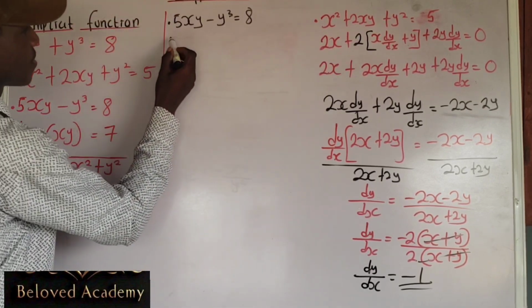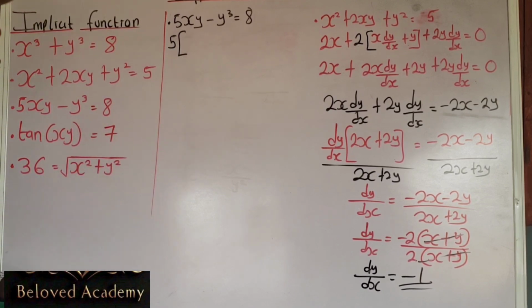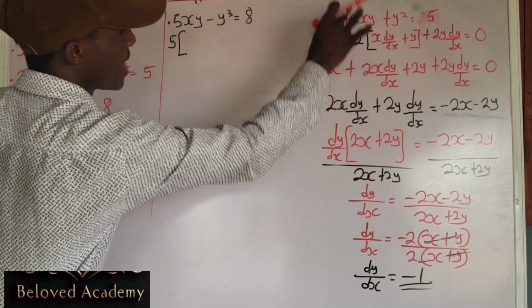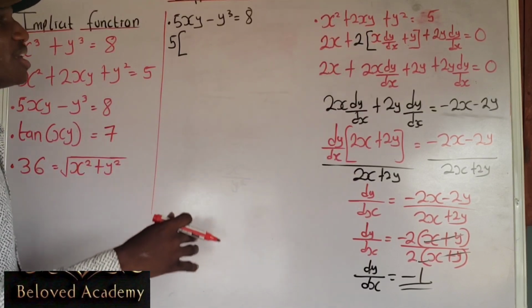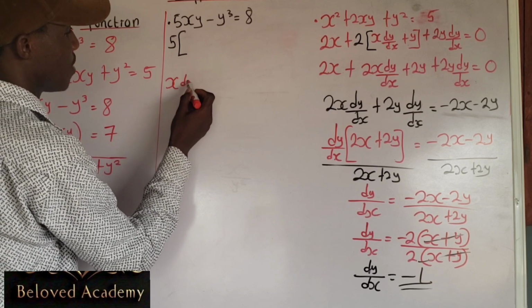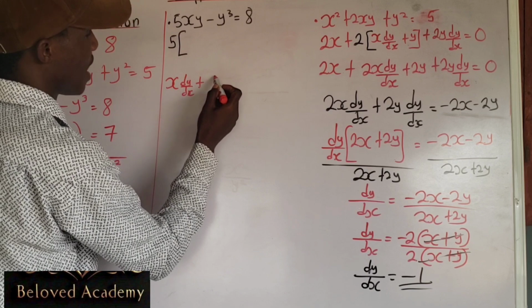So I'm going to have 5, open the bracket, differentiate xy. If you differentiate xy, just like when we differentiated xy in the second question, we have x multiplied by dy/dx plus y.